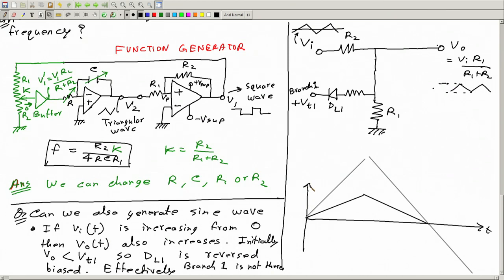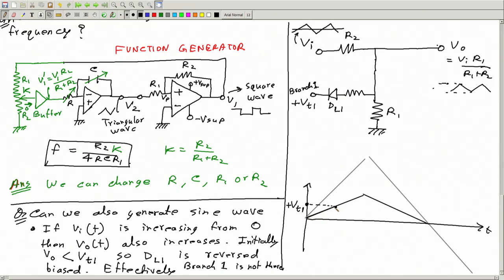And say this height represents the value VT1 plus VT1. So until this output goes to this level, this voltage is lower, this is higher, this is reverse bias, effectively this branch is not there. So okay, the output will just go increasing, assuming only this part is there, this part is not there, so it will go like this, no problem.